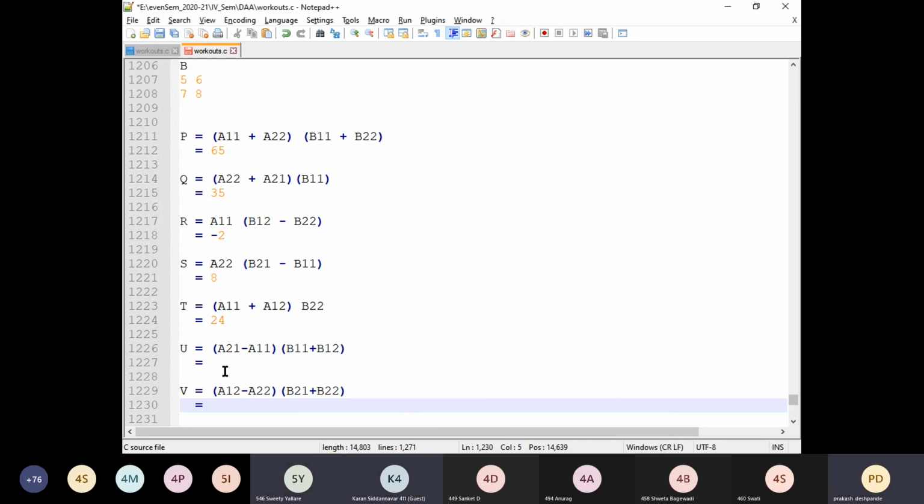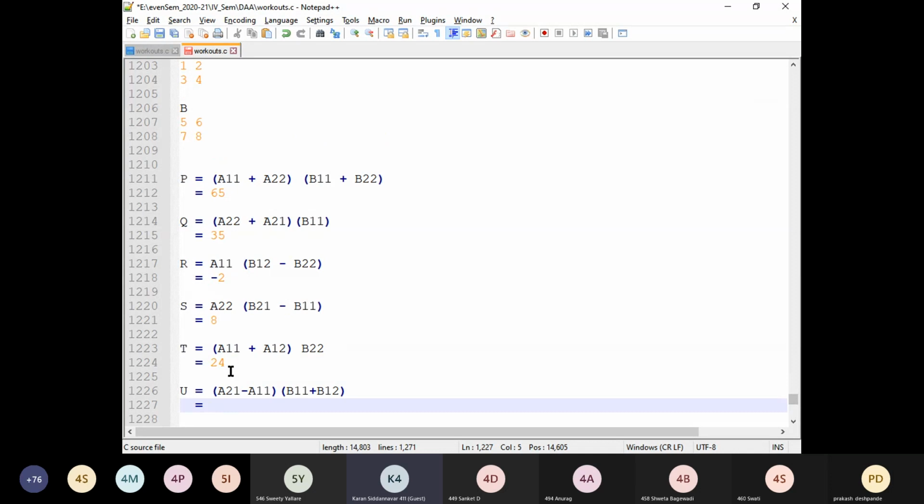Karan, did you get the answer? No, sir. Is it difficult? I'm getting confused, sir. So describe your confusion. I'm not able to identify the values based on the expression. What is A21? Which row, which column?